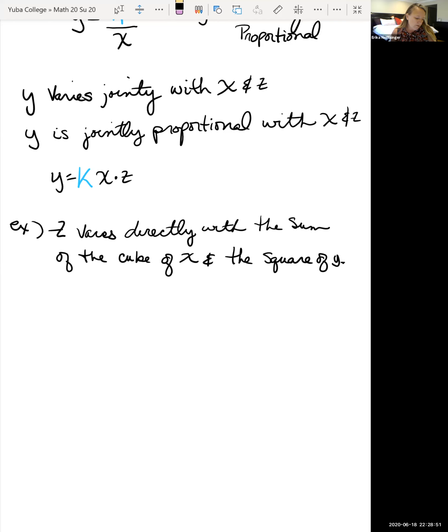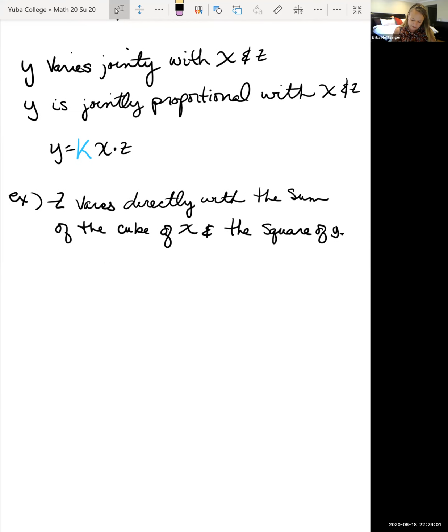So write a general formula to describe the variation. And they give us, well, let's first describe that, and then they give us some numbers.